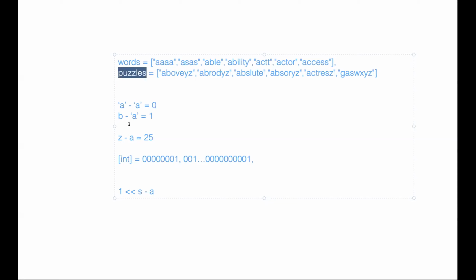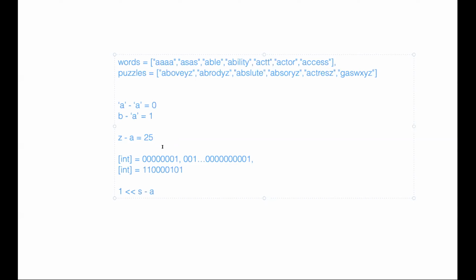Okay, now for puzzles, let's say I again perform the same operation, and then I will get something. I don't know what it should look like, but I will get something here.